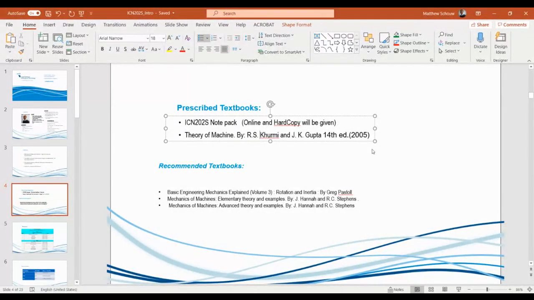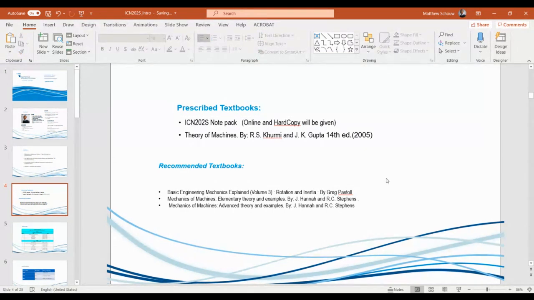I'm also going to be using another textbook, Theory of Machines by R.S. Khurmi. I'm not sure if you guys are familiar with that book. That's a secondary textbook with extra examples. For instance, there are things like centrifugal force, which is not covered in the notebook, like a governor.